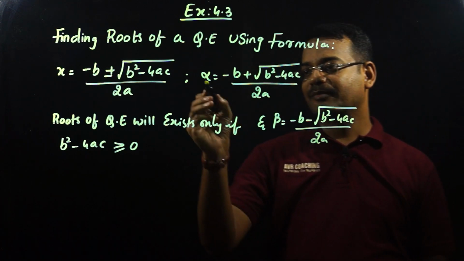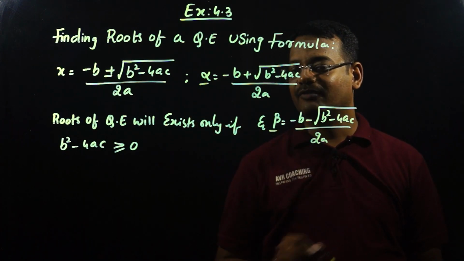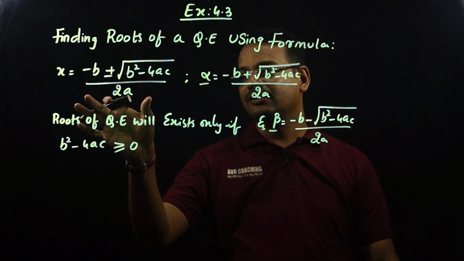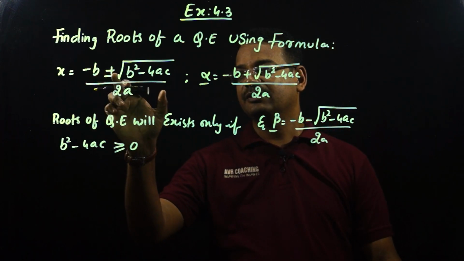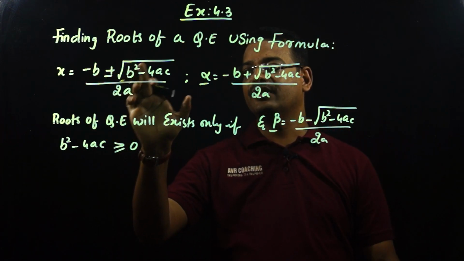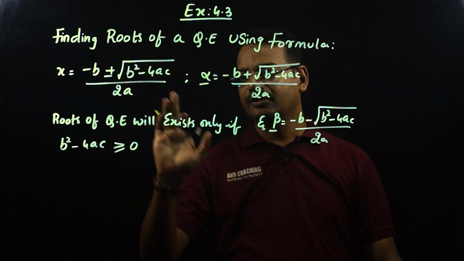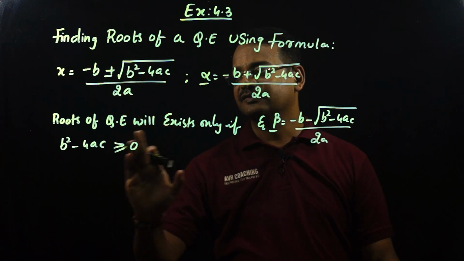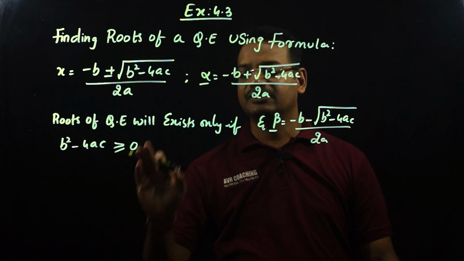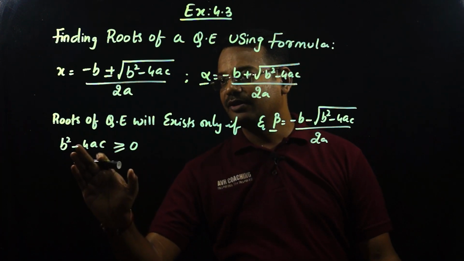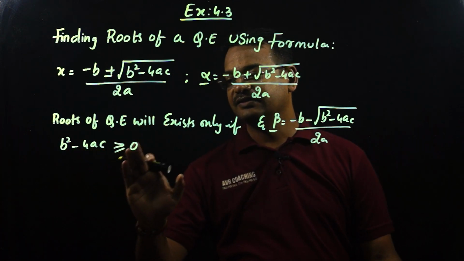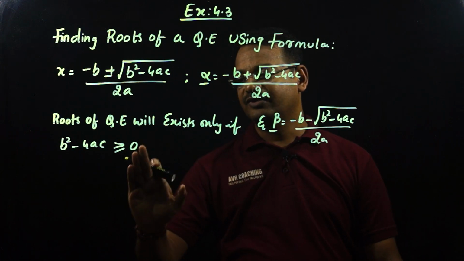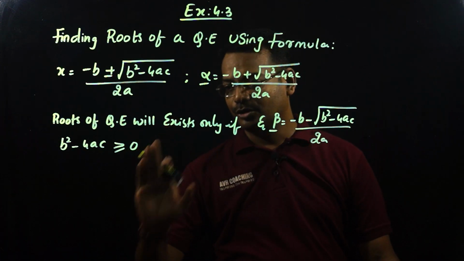Instead of remembering the alpha value and the beta value, we will remember only this formula, that is minus b plus or minus root of b square minus 4ac by 2a. And remember this, that roots of a quadratic equation will only exist if b square minus 4ac is greater than or equal to 0. If it is less than 0, roots will not exist.